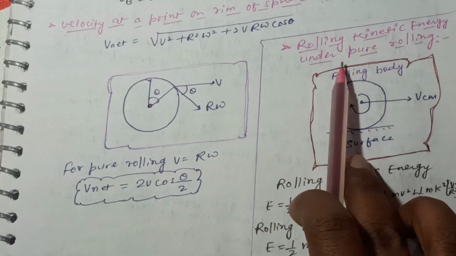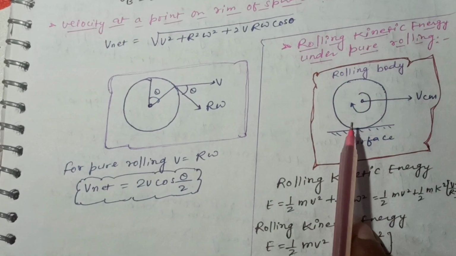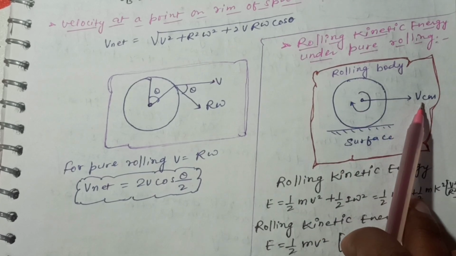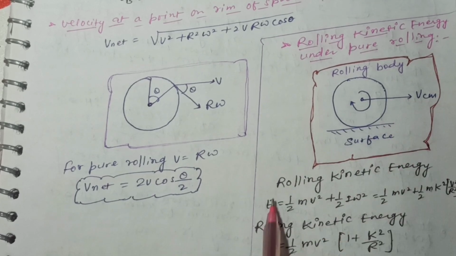Rolling kinetic energy under pure rolling of a body on a surface with v center of mass.